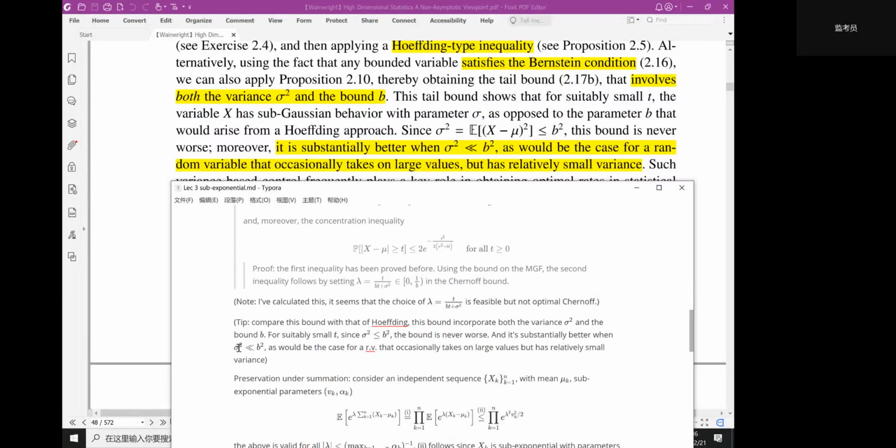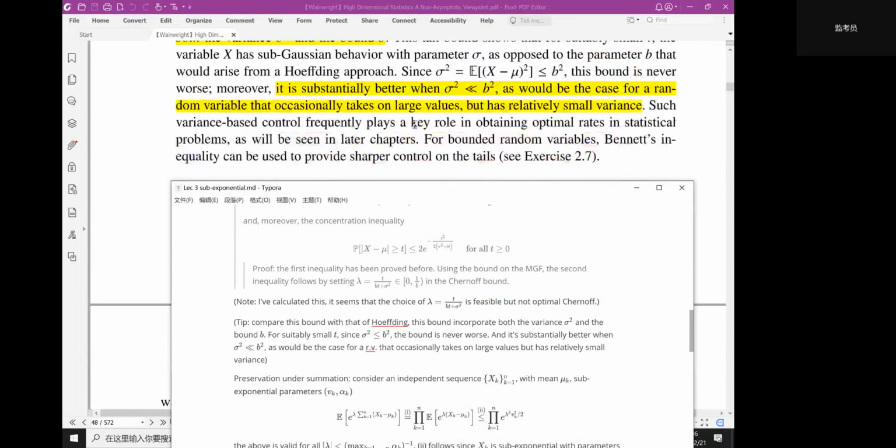So sigma squared is much less than b squared. And let's say when t is small, this term equals 0, and since sigma squared is less than b squared, applying this Bernstein type bound is much better.